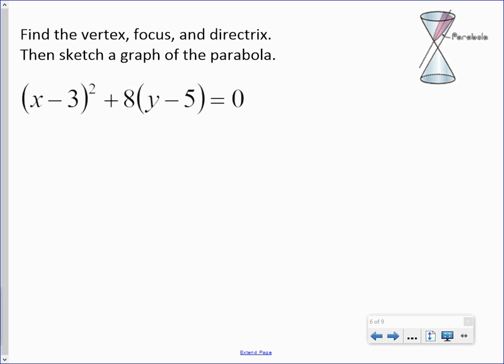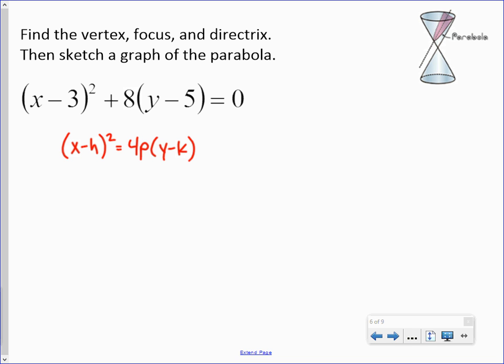So one thing I would say to you at the very beginning, identify which equation it looks the most like. So I'm looking for, is it x squared or y squared? This one's x squared. So I want it to look like the equation we just wrote down. X minus h squared equals 4p times y minus k.